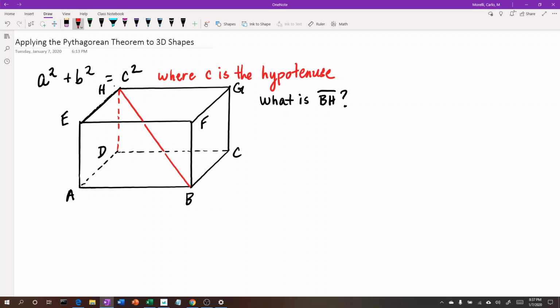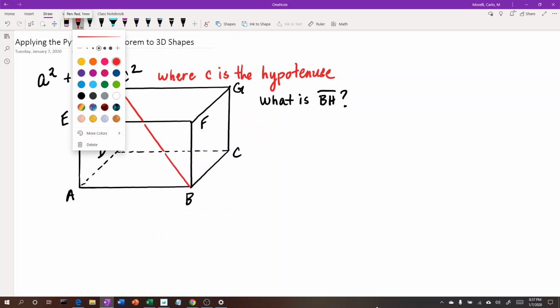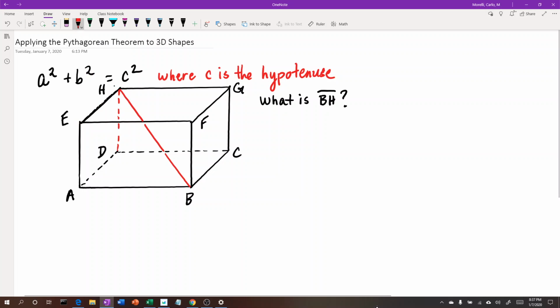And here's how I want you to think about that, okay? Notice that if we connect B to D, we will have formed a right triangle. Okay, here's the right triangle right here.